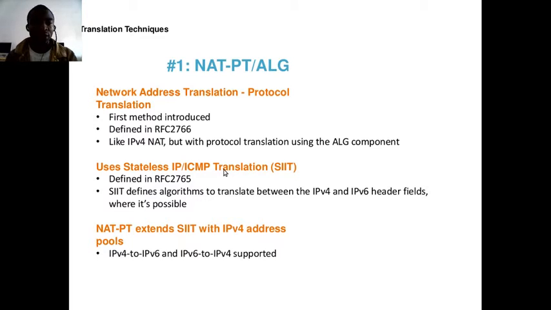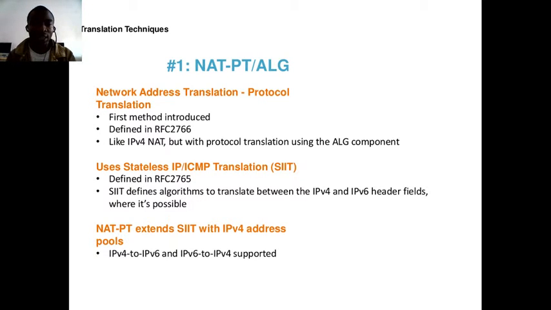So the very first translation technique here is NAT-PT, which has a component of ALG. And the peculiarity about this is that the ALG, which is simply application layer gateway, and PT, which simply stands for port translation.